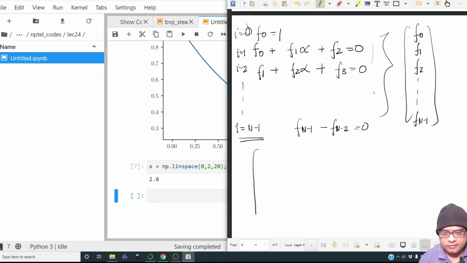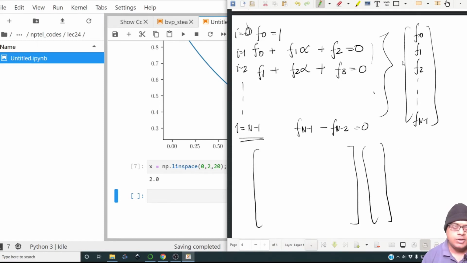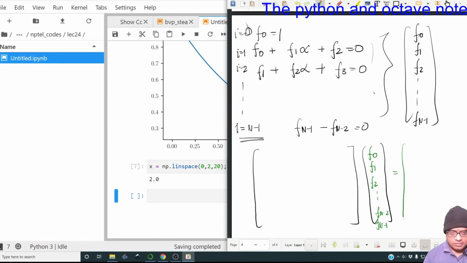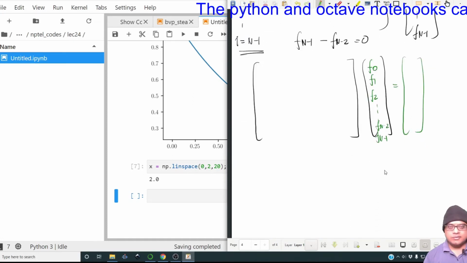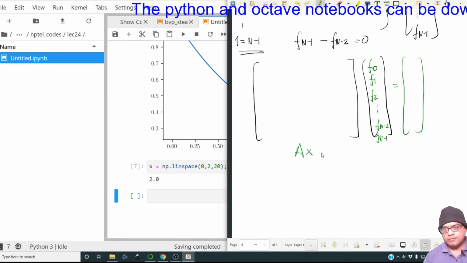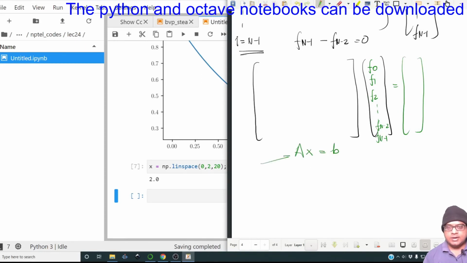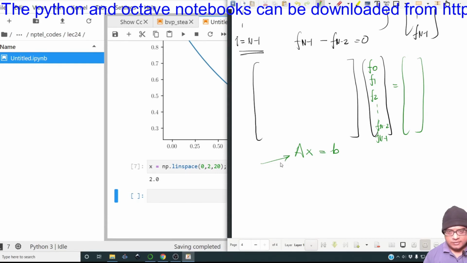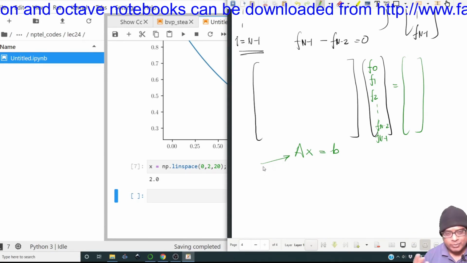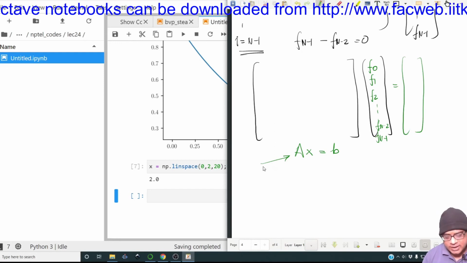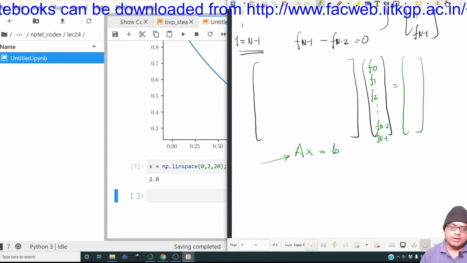Alright. So if I go ahead and write this in a matrix form, how will this particular set of equations look? Over here I have f0, f1, f2 all the way to f(n-1), so f(n-2) comes on top, and this will be equal to something. This kind of equation will always come out in the form Ax equal to b, where A is like the mass matrix, or rather the stiffness matrix; it borrows its nomenclature from solid mechanics or structural mechanics.